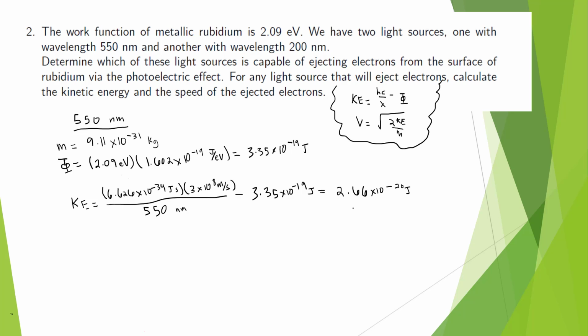We also need the answer in electron volts to solve for the speed after this equation, and that is equal to 0.17 electron volts. Okay. So now calculating for speed. Speed is equal to the square root of 2 times the kinetic energy in electron volts, 0.17 electron volts, divided by the mass of the electron, equal to 9.11 times 10 to the negative 31 kilograms.